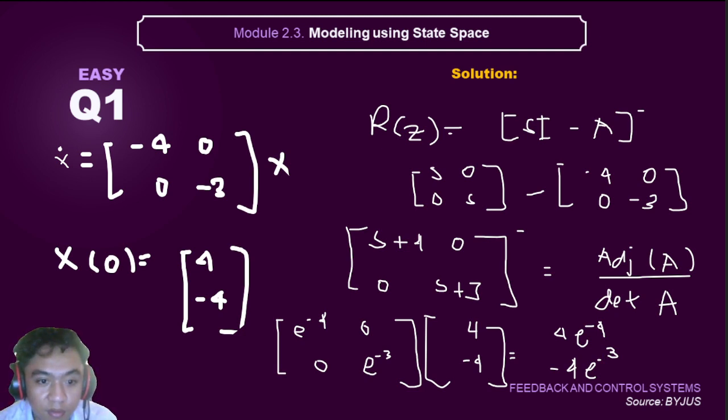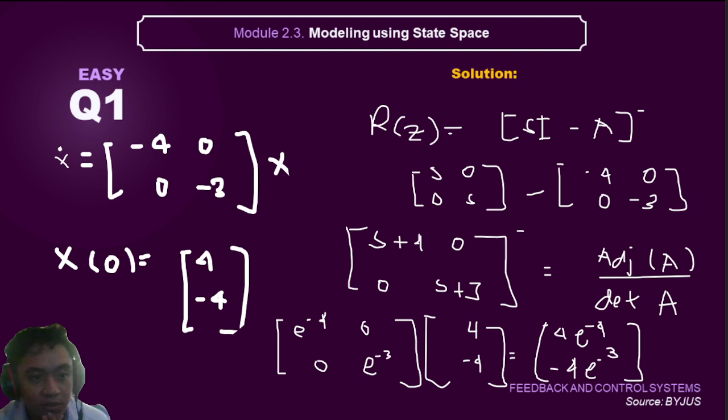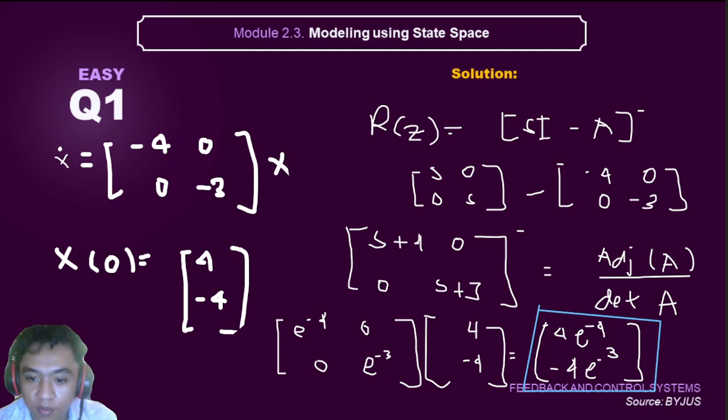There we go. So the zero input response of the given system will be this matrix. Let's box that with the blue line. There we go. So that is all for question number 1.